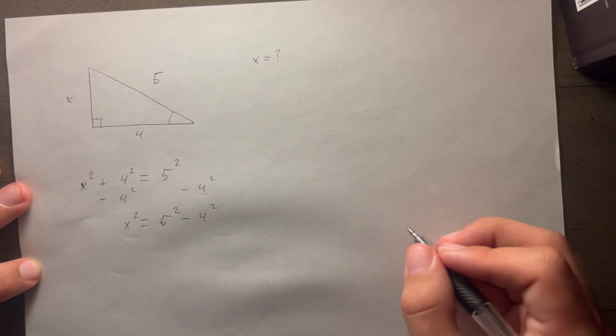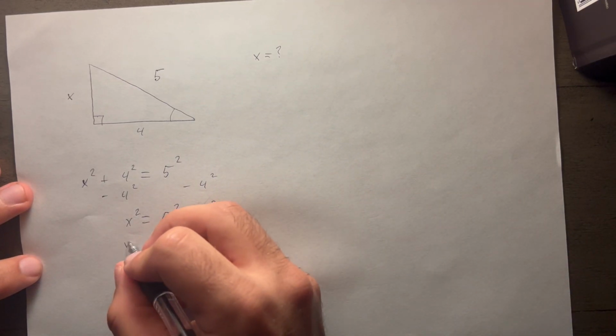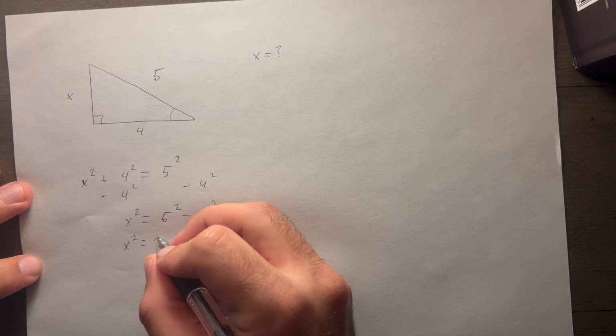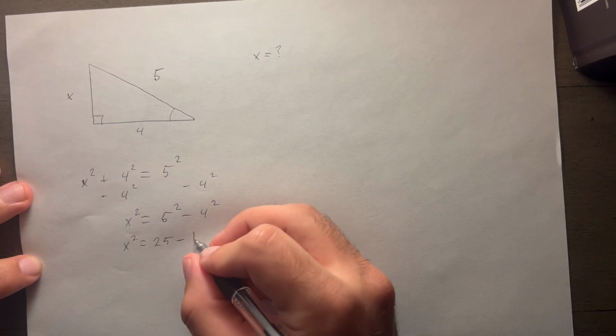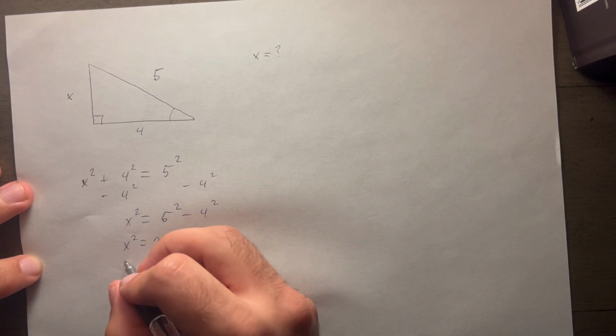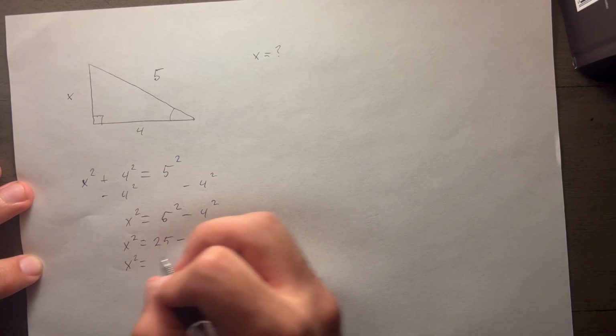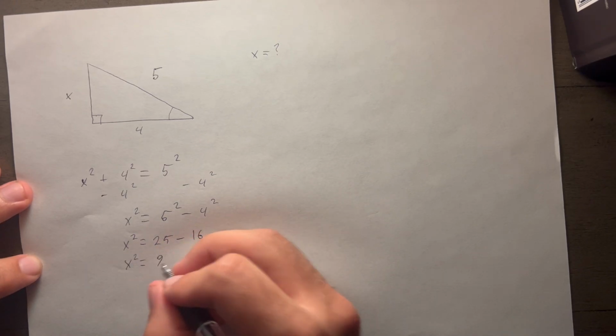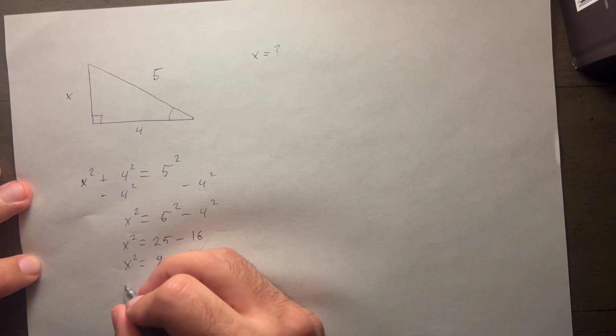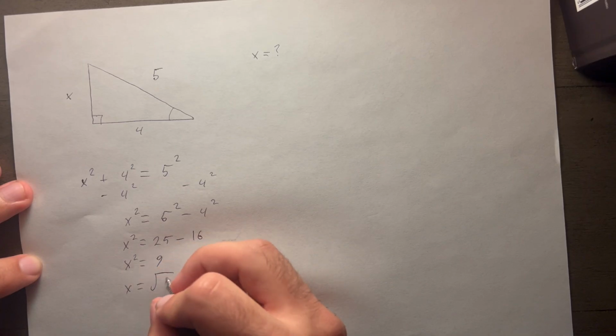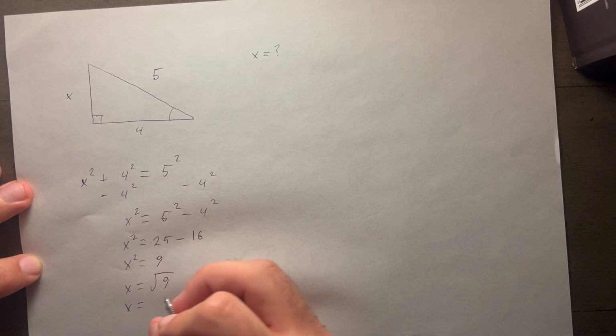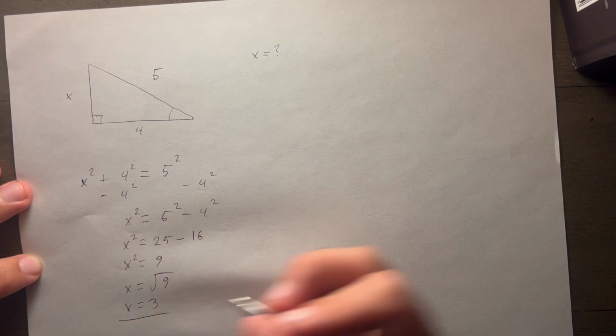Okay. Now we'll work it out. X squared equals 25 minus 16. So x squared equals, that would be 9. So now you take the square root of both sides. So x equals 3. Okay, so do you see that?